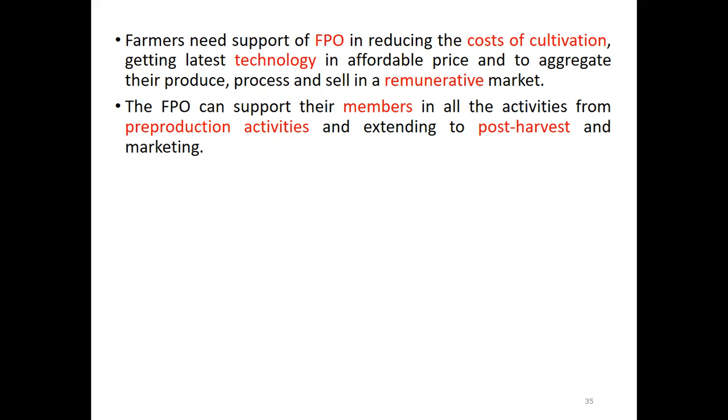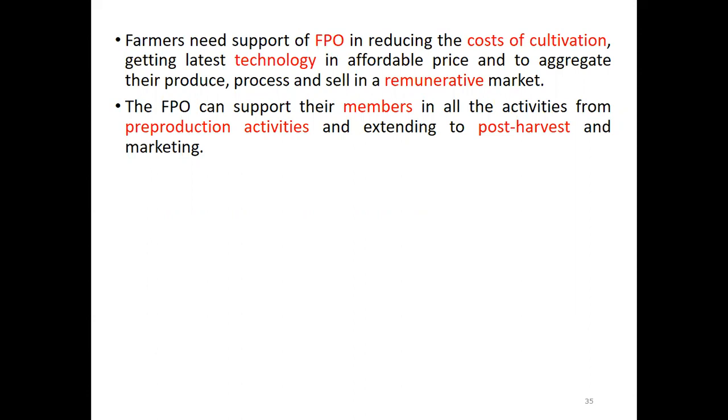Agent middleman वो हम लोग क्या करेंगे, remove करेंगे, due to which we can save some of the money. Then this FPO can support their members in all the activities from pre-production activities extending to the post-harvest mechanism. तो ये दौरान farmers producing organization बहुत important काम करता है.